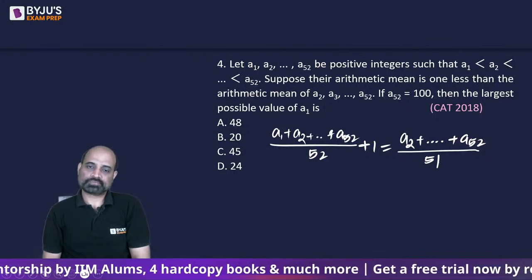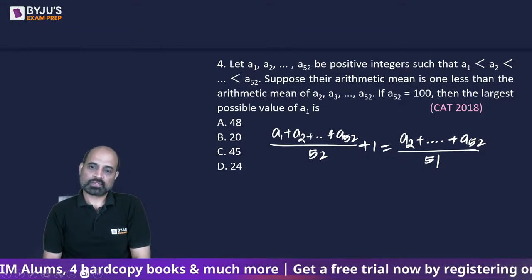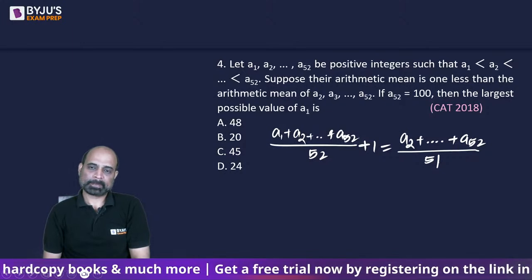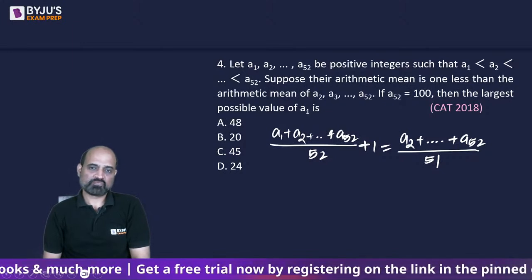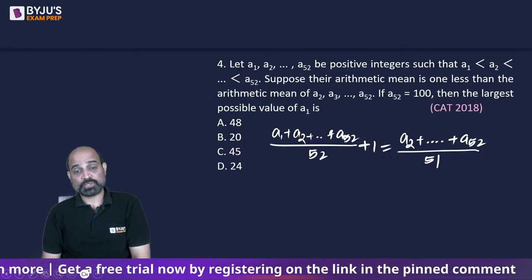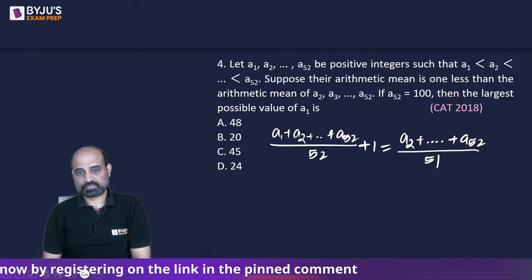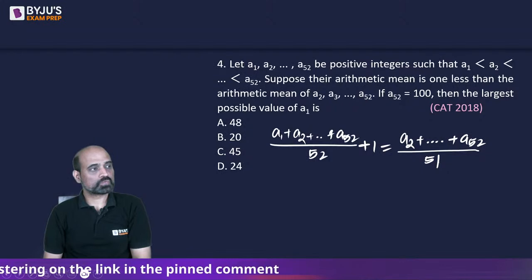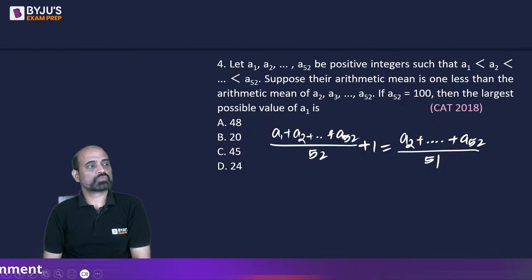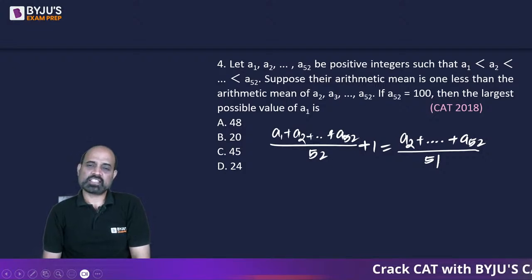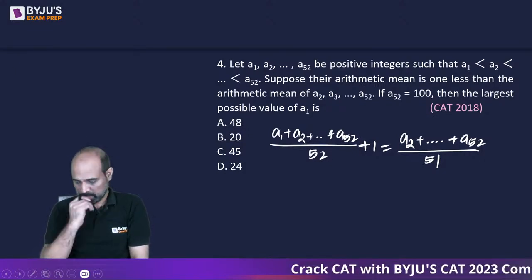And a52 is given as 100. Positive integers, as in they are going to be natural numbers.